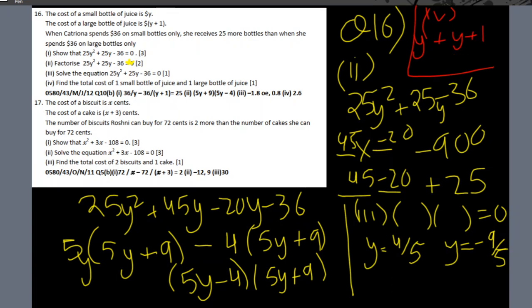So we'll choose the positive value, 4 over 5 plus 4 over 5 plus 1. Let's see what value our calculator gives us. 4 over 5 times 2 plus 1, we get 2.6, which is the answer. So 2.6 is the answer for the final part of question 16.